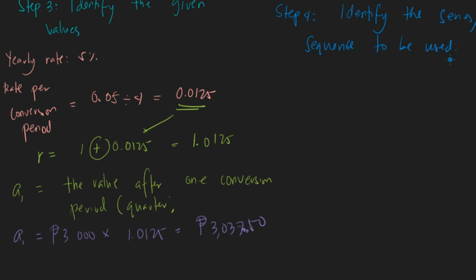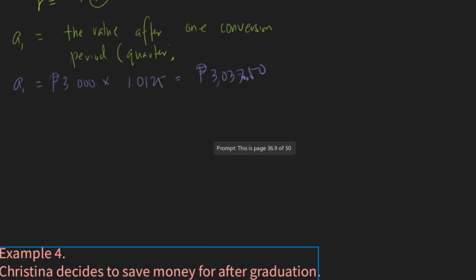So in this example, we have a common ratio, therefore, that is a geometric sequence. And the formula for geometric sequence that we are going to use is a sub 20 equals a sub 1 times the common ratio to the power of 20 minus 1. That's it. Now let's move on.